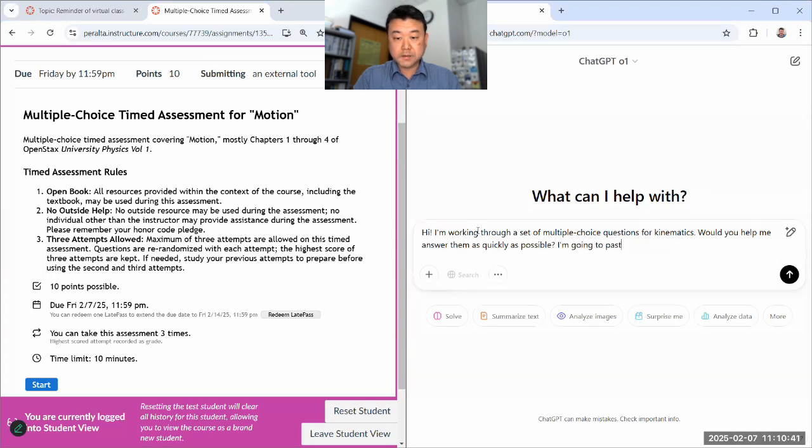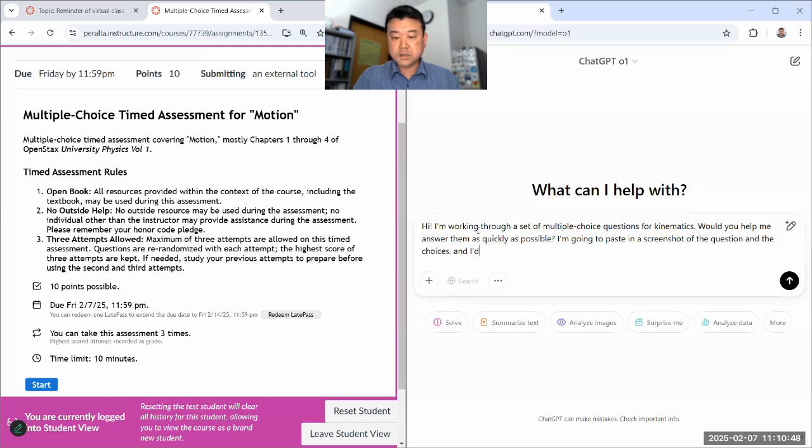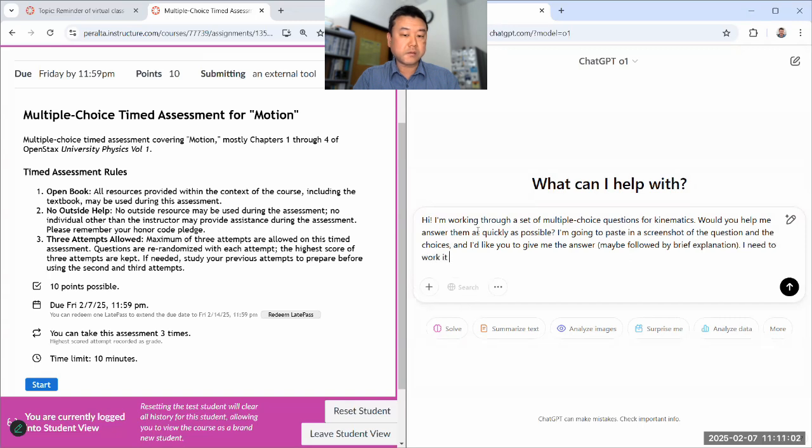I'm going to paste in a screenshot of the question and the choices, and I'd like you to give me the answer, maybe followed by a brief explanation. I need to work through it as quickly as possible. So please give me the correct answer as quickly as possible.